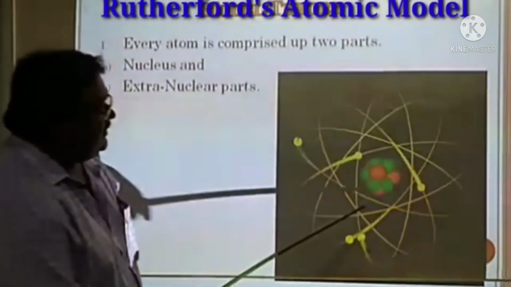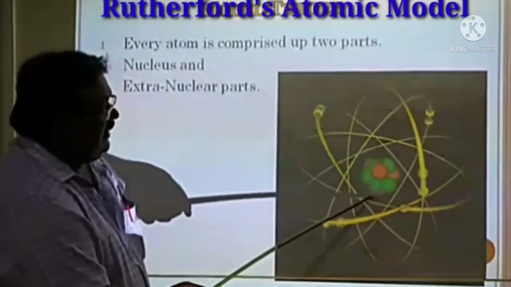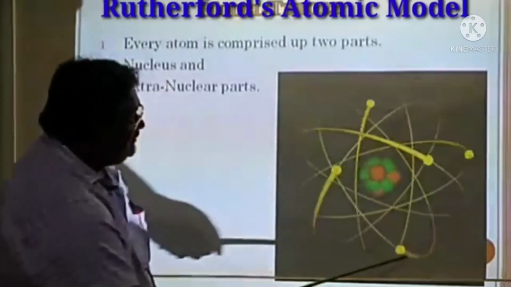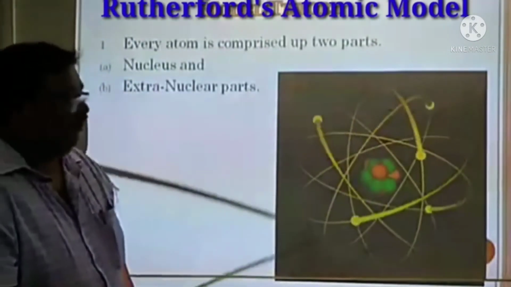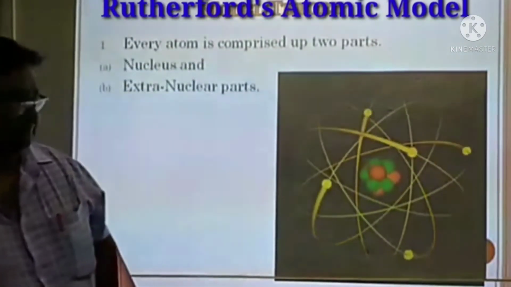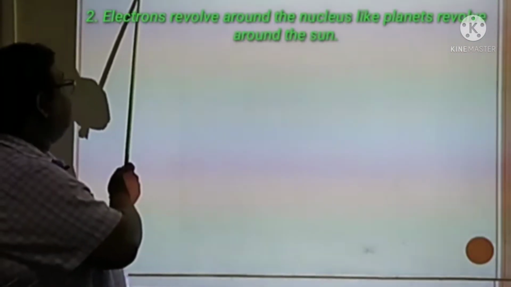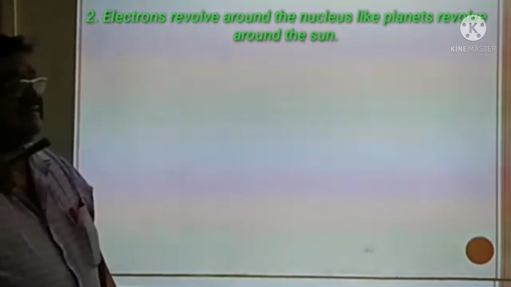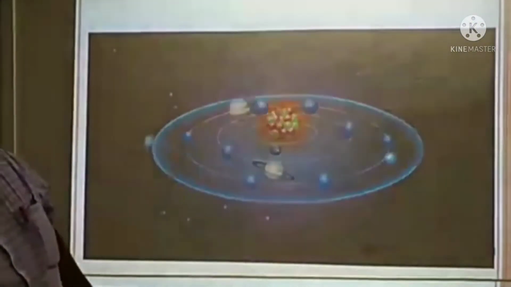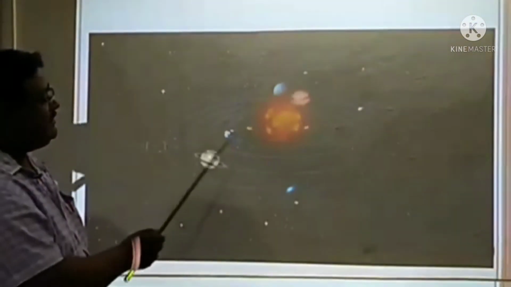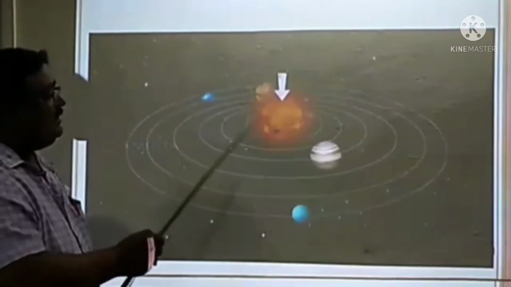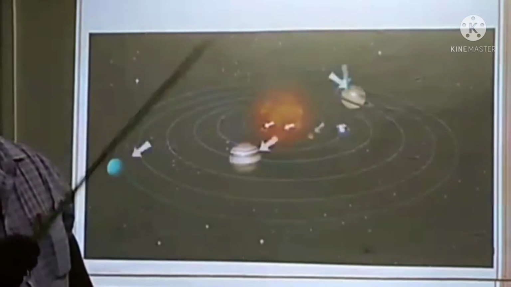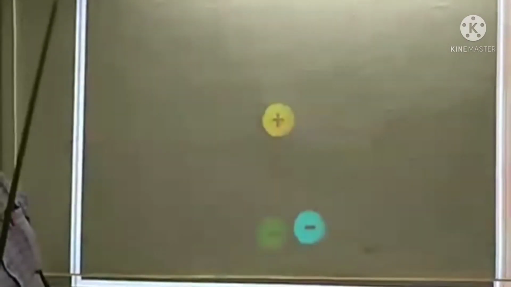You can see here, this is the nucleus, around which there is a space. This space is called the extranuclear part, where electrons revolve. The second postulate is that electrons revolve around the nucleus like planets revolve around the sun. The nucleus is situated at the center and electrons are orbiting around the nucleus.